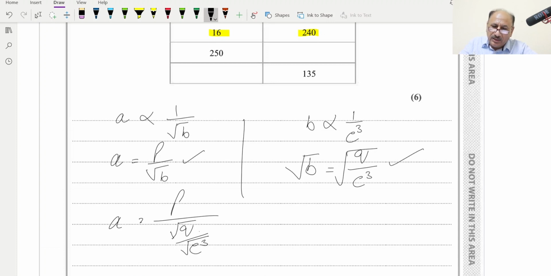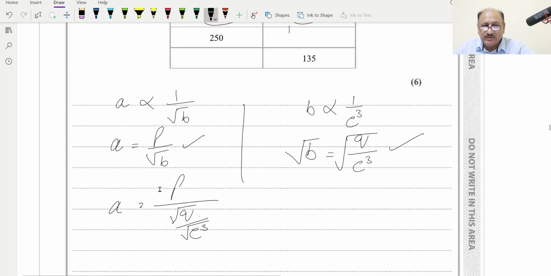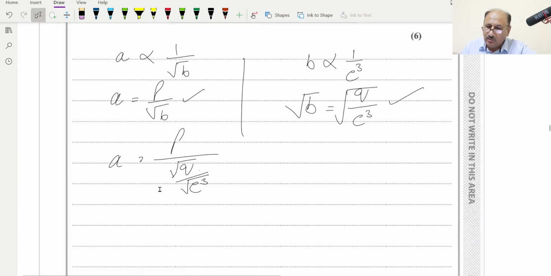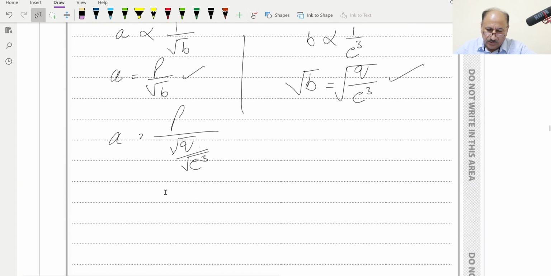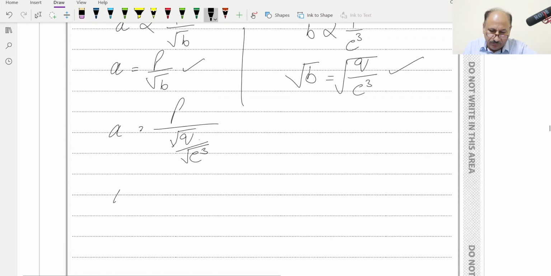Now we will be utilizing these values 16 and 240. We will be using 16 for a, and p over the square root of q over the square root of 240 cubed.